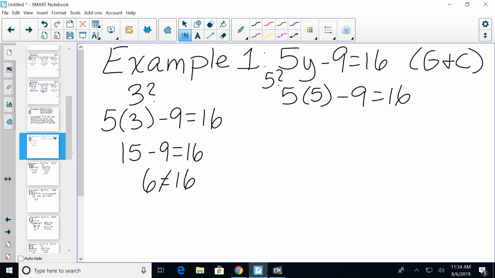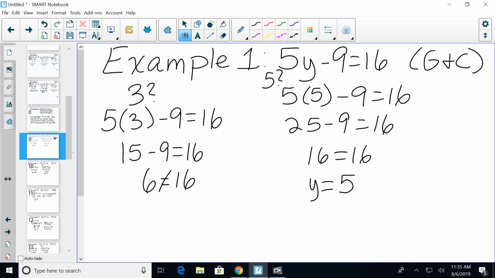So what will I have on the left? 25 minus 9. And what is 25 minus 9? 16. So now that both sides are equivalent, I can write a solution statement of y equals 5.